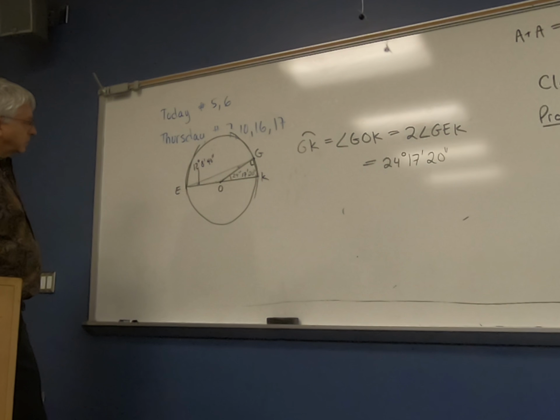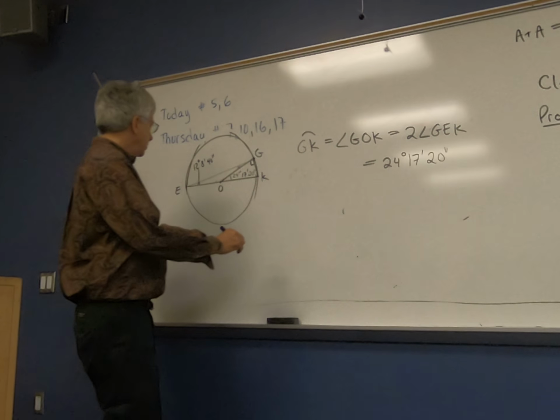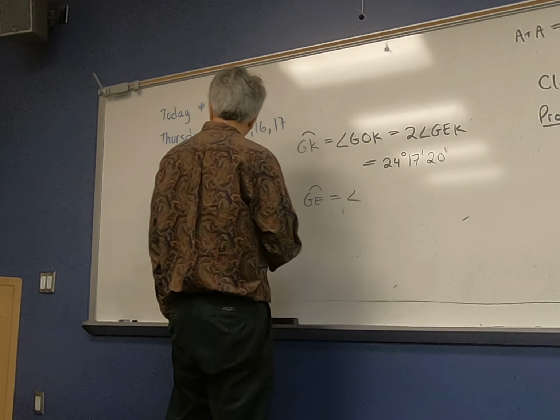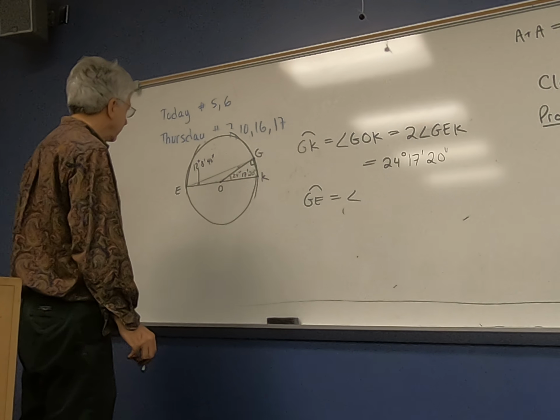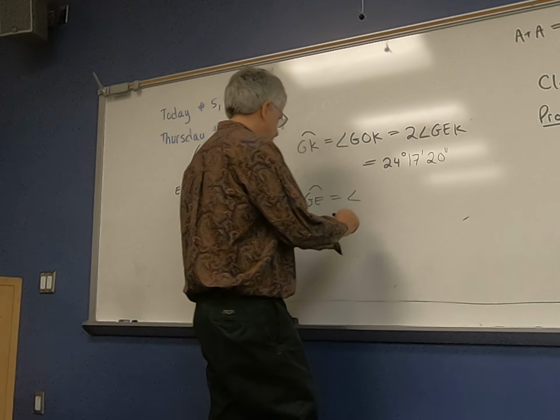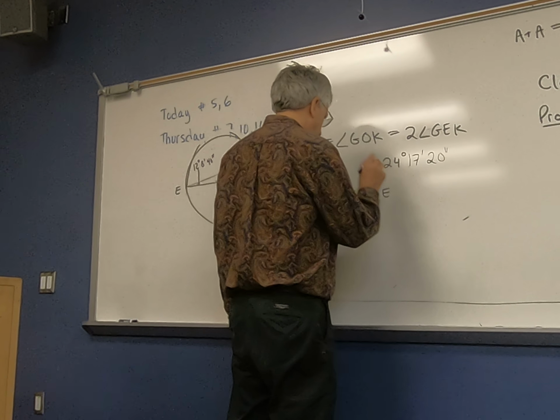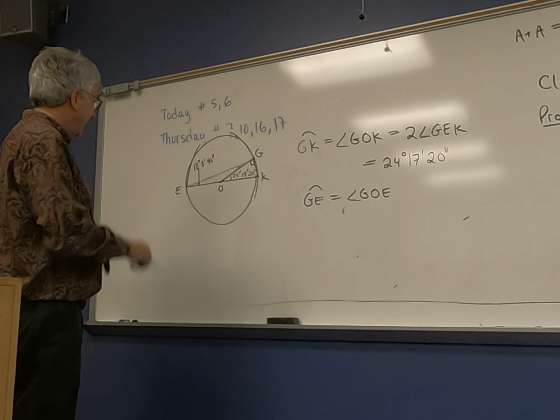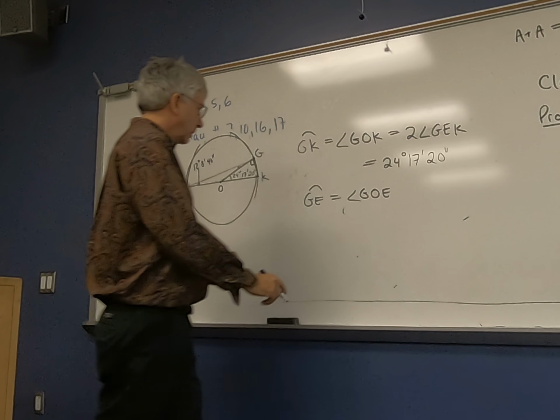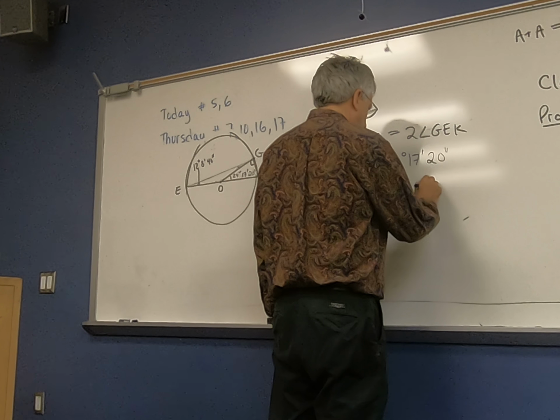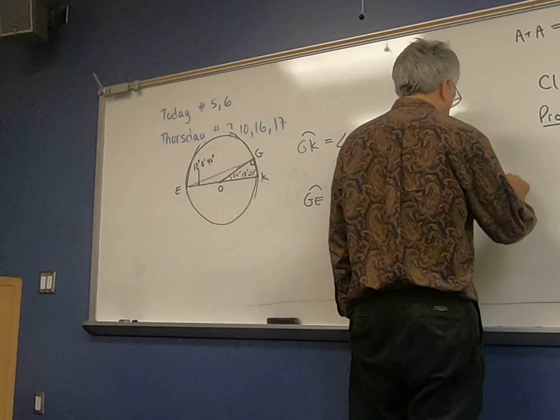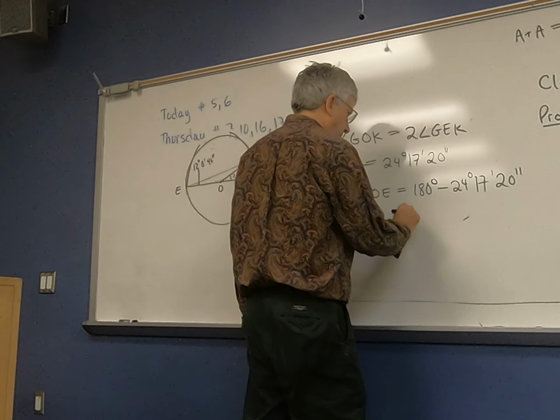So what is GE? So arc GE is equal to angle, the central angle measures the arc, right? So that's going to be angle GOE. And that's going to be 180 minus 24, 17, 20, right? And what do you get here?